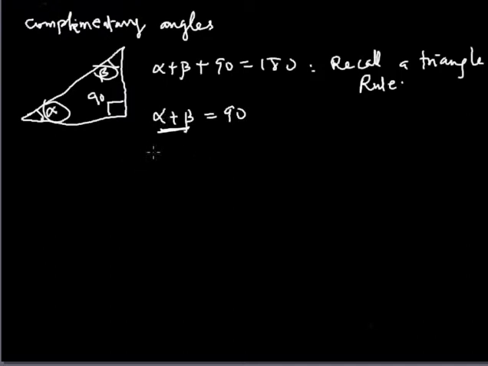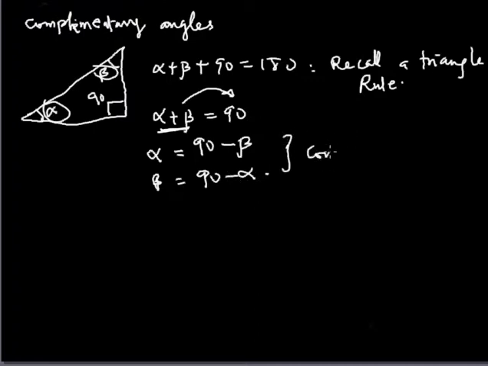For you to find the value of alpha, you take 90 minus beta. And for you to find the angle of beta, is the same thing as 90 minus alpha. These are called complementary angles.